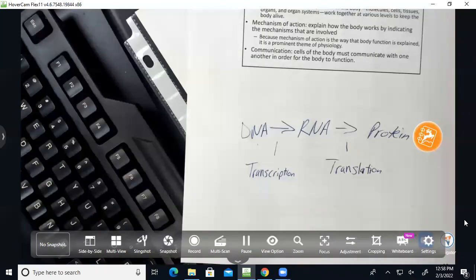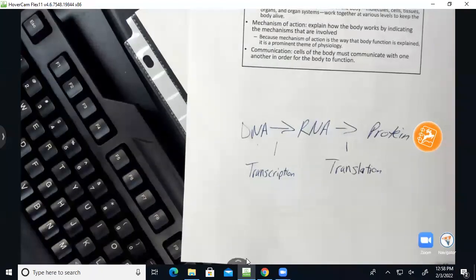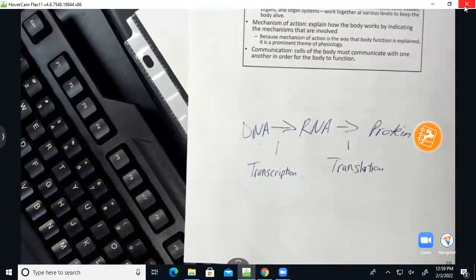Now, like I said, I could spend a lot of time talking about this. Transcription is very complicated. DNA is a double helix, RNA is a single strand, so you have to kind of do some crazy things. And then to go from RNA to protein, translation, that involves a whole lot of craziness where we're putting amino acids together in the correct order. We have to read codons and anticodons and stuff I don't want to really get into in this class.